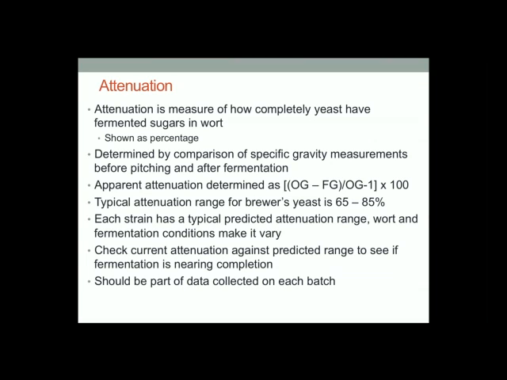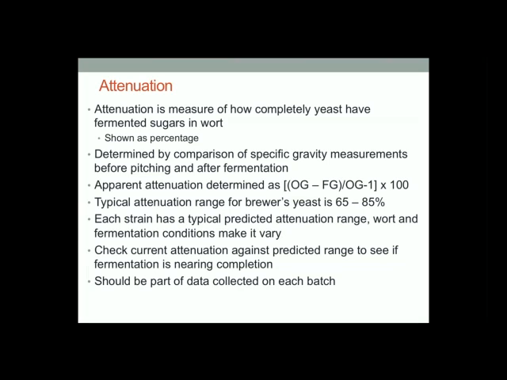So speaking of attenuation, it's important to understand and be able to measure this. Attenuation is just the measure of how completely the yeast have used up all the fermentable sugars in the wort, and we show this as a percentage. What is done is you compare the specific gravity measurements of the original gravity before pitching and at any time after fermentation.